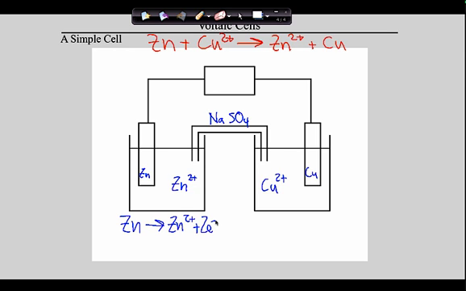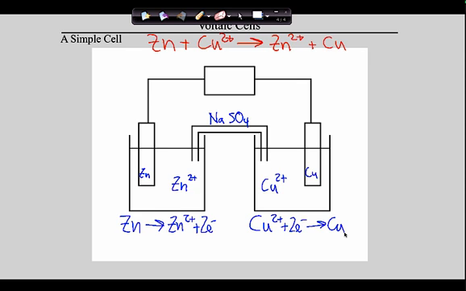Then, guys, let's go over here and let's represent the reduction half reaction that we've already written, which we can now assign appropriately to the other cell. So now, guys, with that done, we can talk about how this battery leverages this chemistry in order to produce useful current.